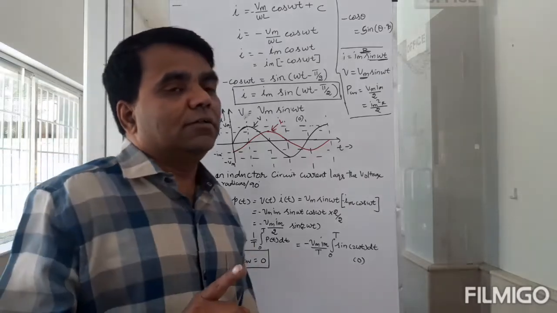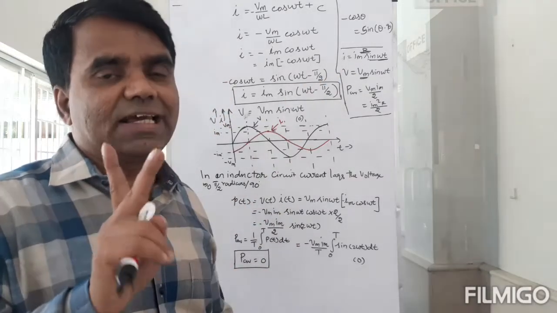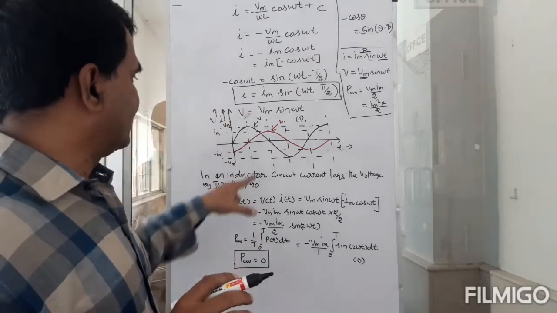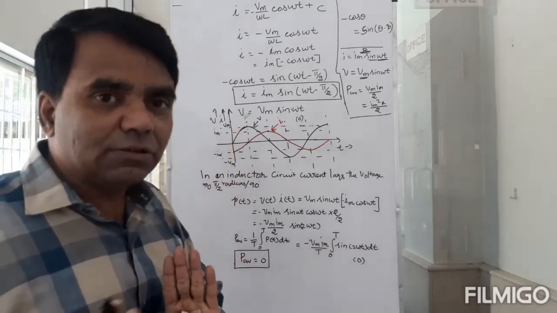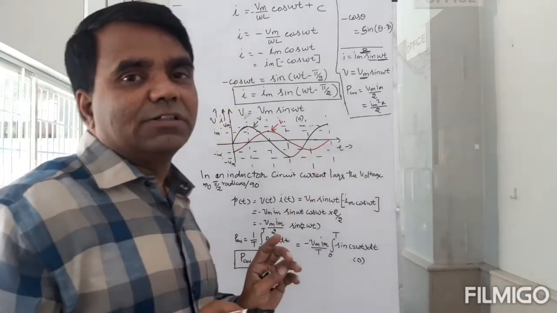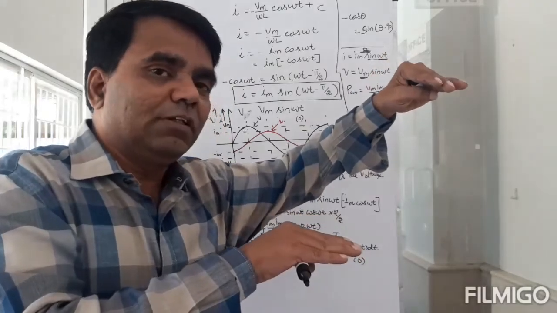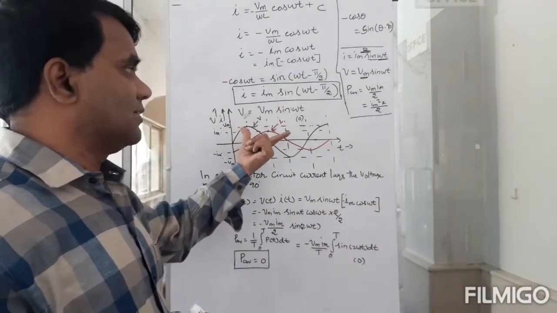So when you compare an inductive circuit with a resistive circuit, there are two things that stand out. One is that in an inductive circuit, the current lags the voltage, going behind the voltage. The voltage reaches its peak first, and then the current reaches its peak. The voltage becomes 0 first, and then the current reaches its 0. It lags.